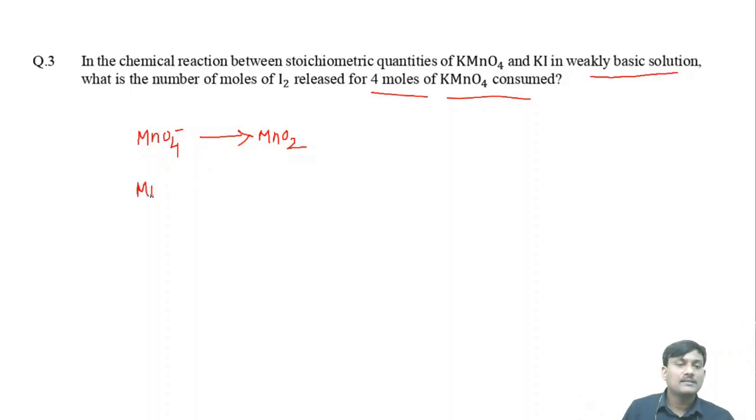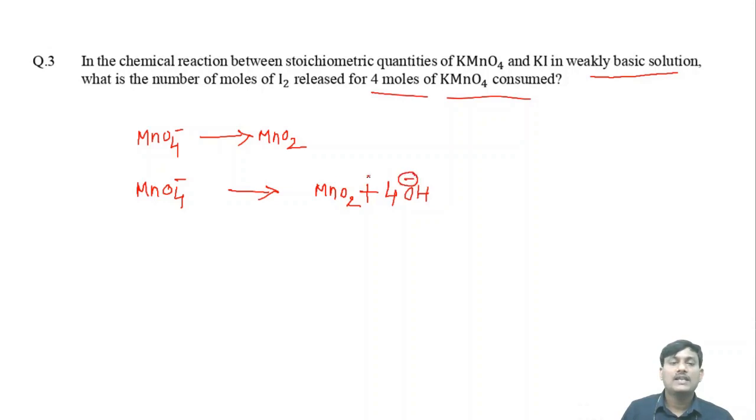In the presence of base, for the missing oxygens you have to add double the amount of OH minus. The left side has 4 oxygens and the right side has 2 oxygens, so the right side has 2 fewer oxygens. For this you have to add double the number, 4 OH minus.